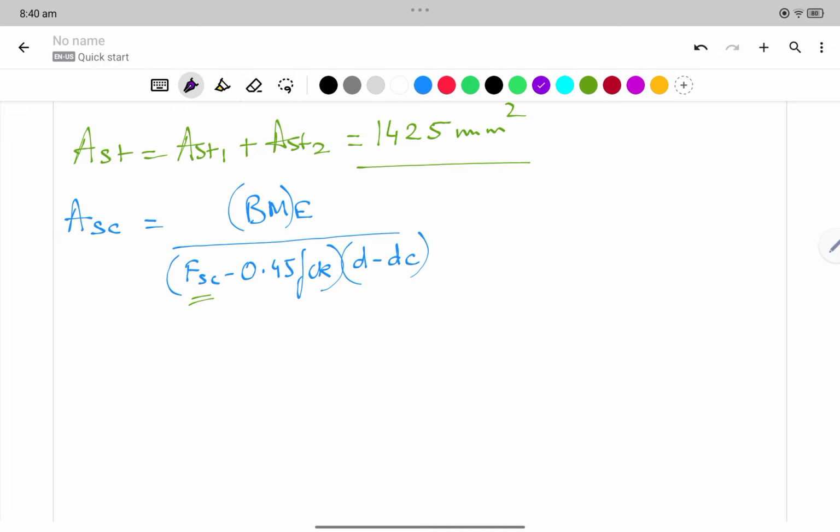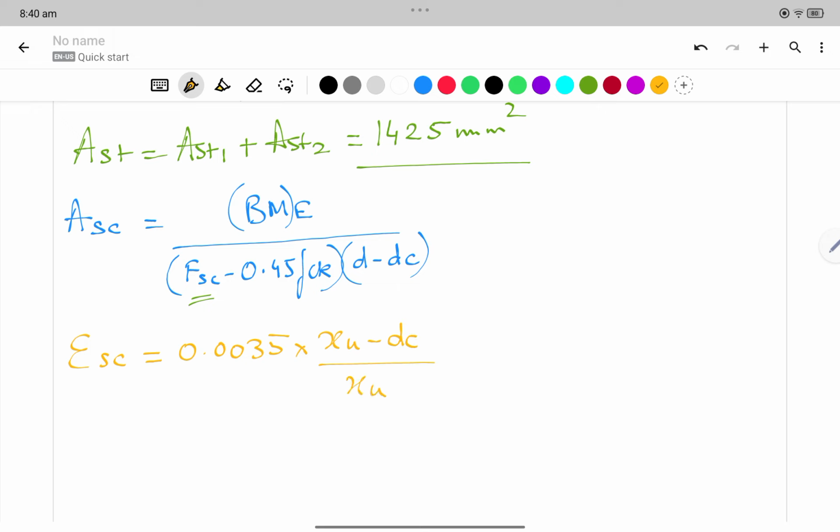First we calculate the value of strain. Okay, the strain we calculate, then we will see the given chart. So the strain formula is 0.0035 multiplied with XU minus DC divided by XU.